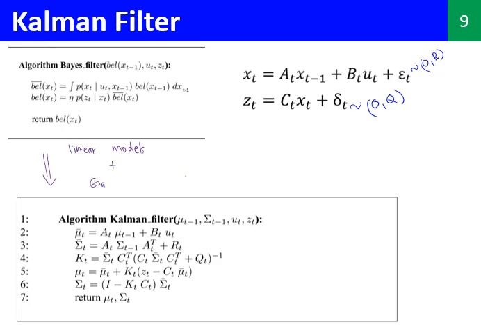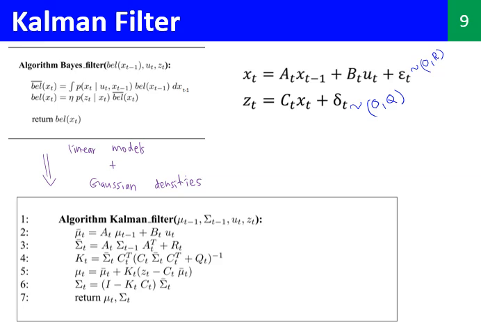Actually, Rudolf Kalman used the least squares approach in his original derivation instead.